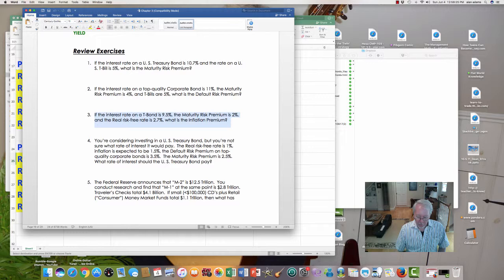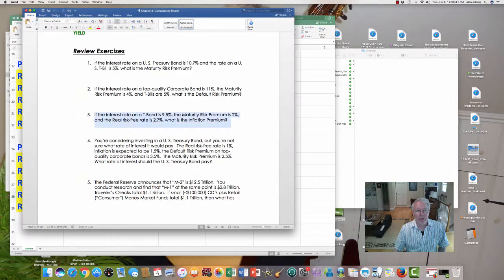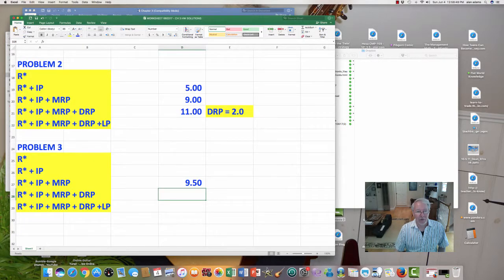Let's list down what we know. A T bond is 9.5%. That's going to go right here. What else do we know? We know that the real risk-free rate is 2%. I'm sorry, 2.7%. Write that down.